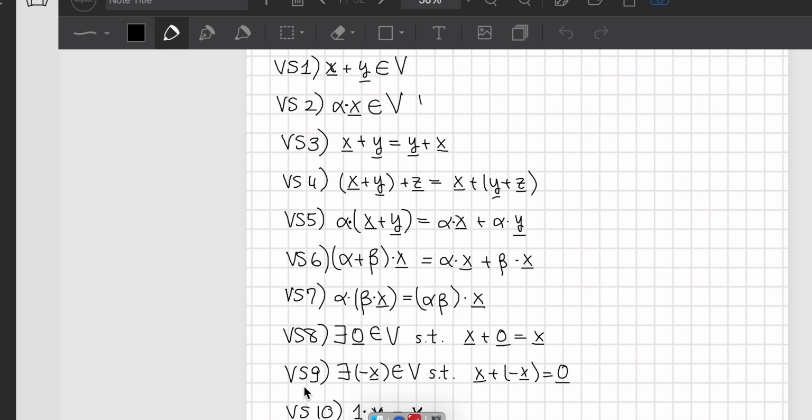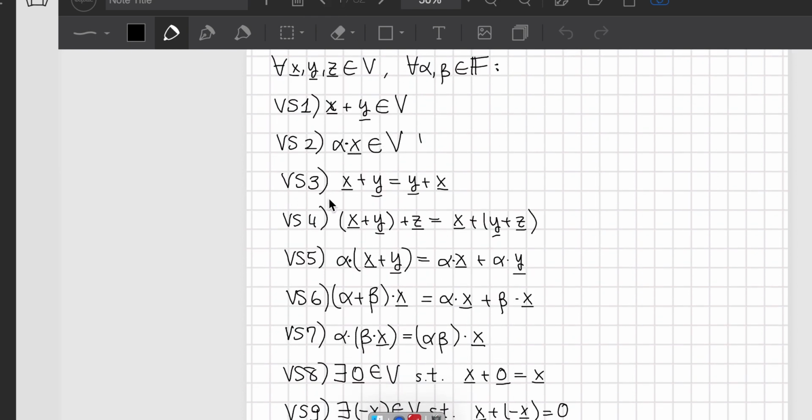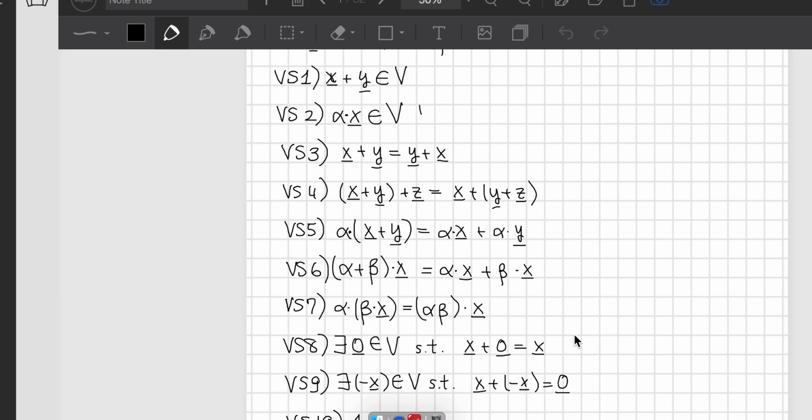Why? Okay, so let's say we prove that a certain subset of the vector space is closed under scalar multiplication. Then what we can do is, remember, proposition 4 says that negative x is equal to negative 1 times x. In other words, this negative x right here is equal to negative 1 times x.